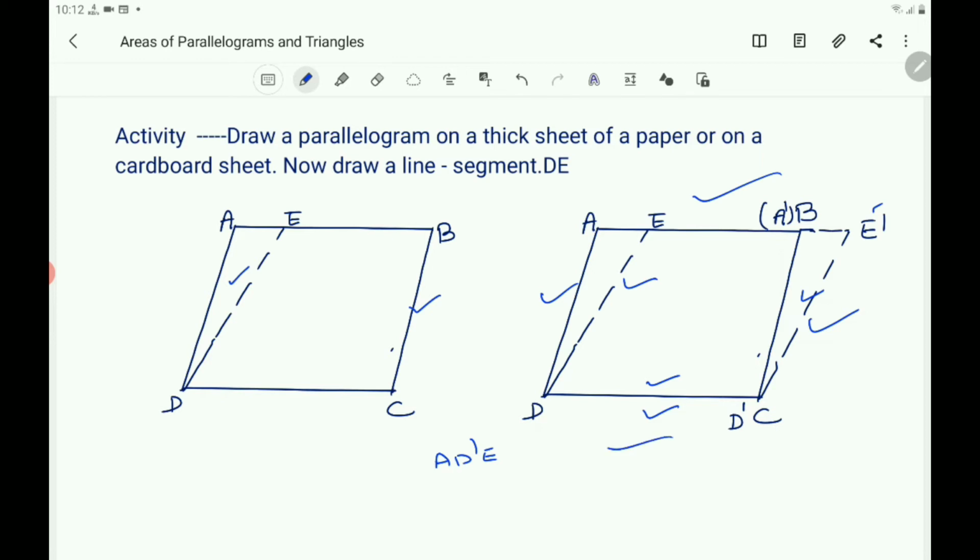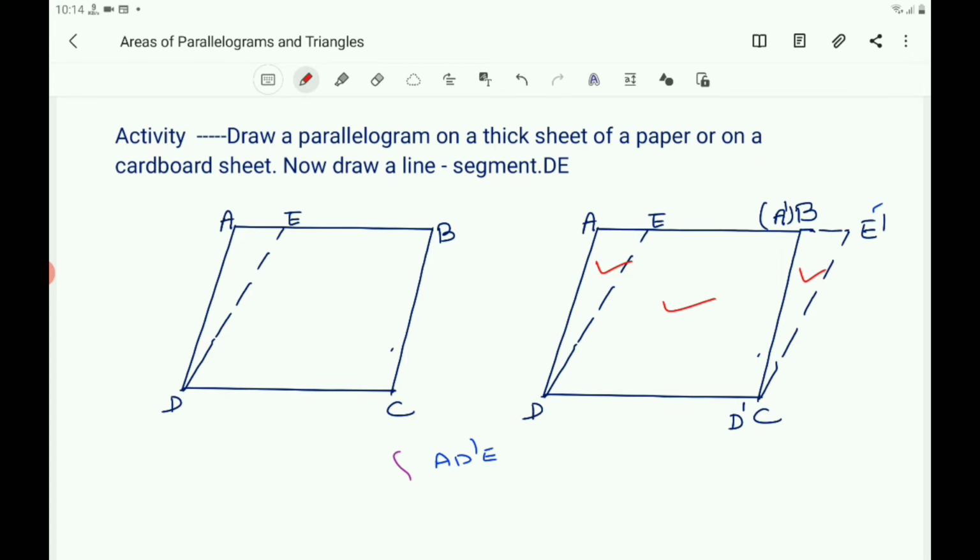And what about their area? You know that they are parallelograms on the same base and between the same parallels. Triangle ADE and triangle A'D'E' are congruent triangles, so their areas must be equal. And both parallelograms ABCD and EE'CD have a common area. What is that common area? That is EBCD.